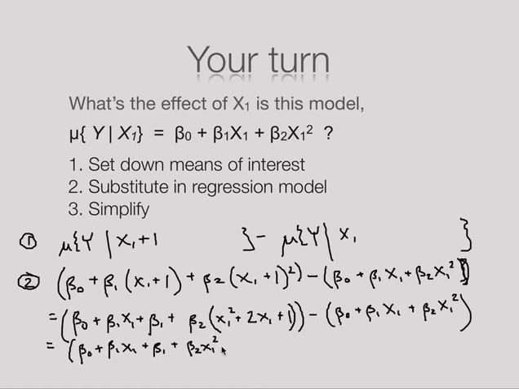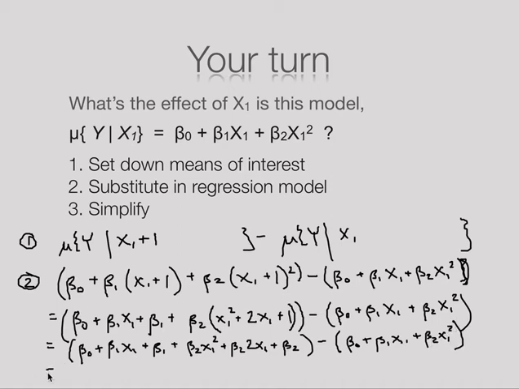Second term would give me a beta 2 times 2x1. And then the last term is just a plus beta 2. And again, I'm not changing anything in this second term. Beta 0 plus beta 1 x1 plus beta 2 x1 squared.